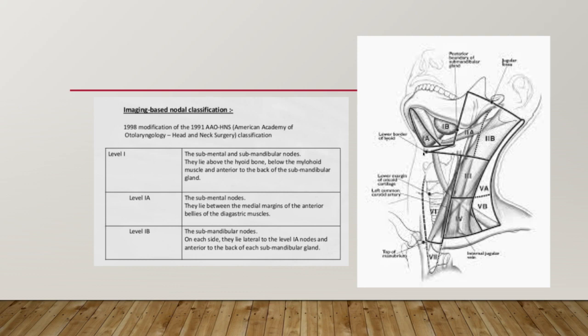They lie above the level of the hyoid bone here and below the level of the mylohyoid muscle and anterior to the back of the submandibular gland. So, the submandibular gland is somewhere here. This is anterior to the submandibular gland. So, level 1A is the submental group of lymph nodes, whereas level 1B is called the submandibular group of lymph nodes.